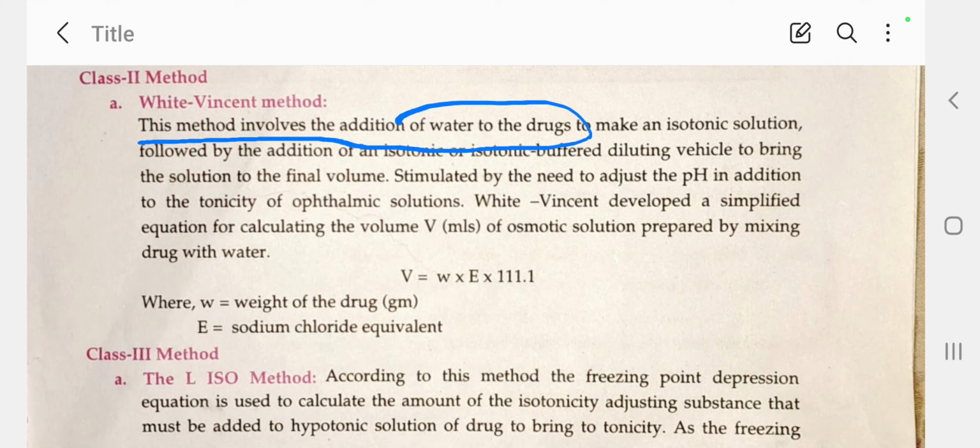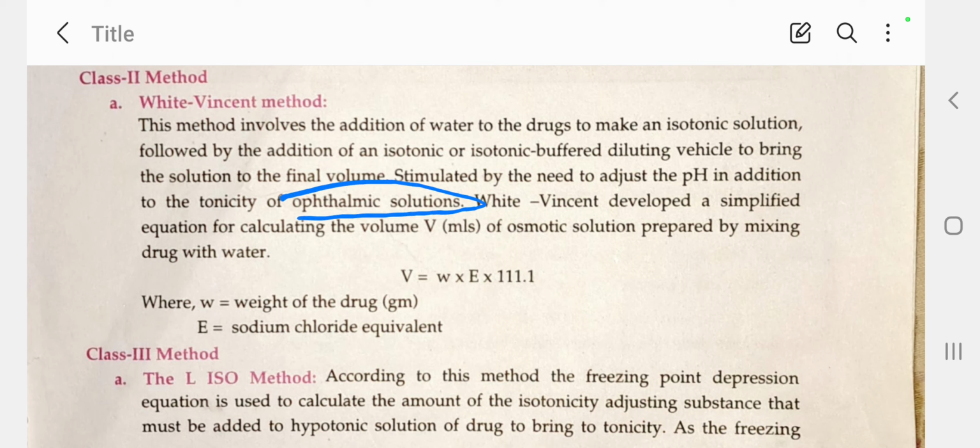Either we can add water simply to bring the solution to the final volume, or use an isotonic solution or an isotonic buffered diluting vehicle to bring it to the final volume. It was stimulated by the need to adjust the pH in addition to the tonicity of ophthalmic solutions.